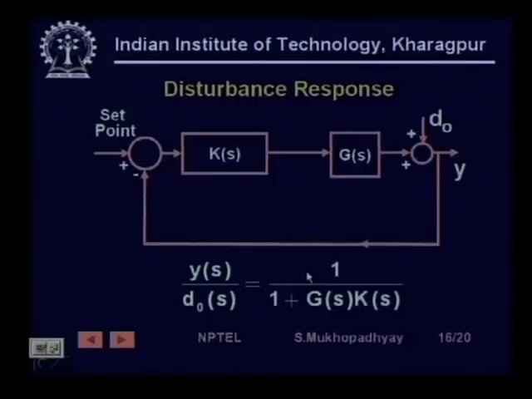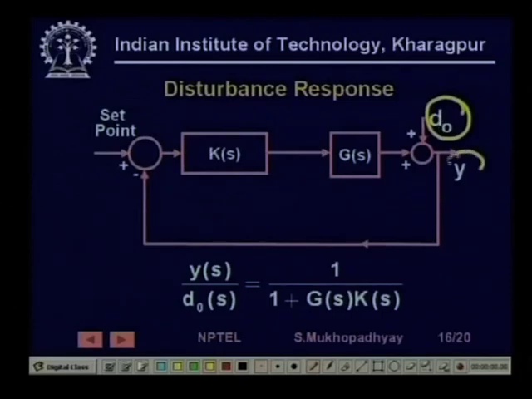So, we want to reduce the effect of d0 on y. What is the transfer function between y and d0? That turns out to be this.